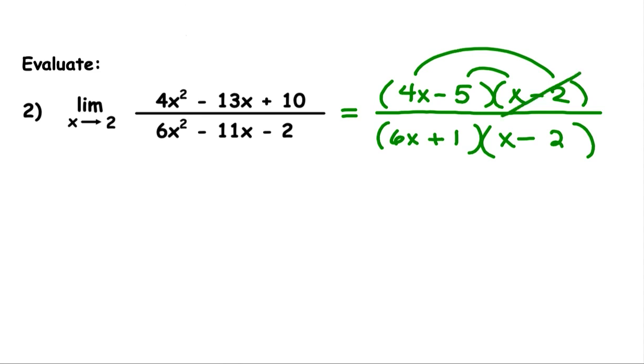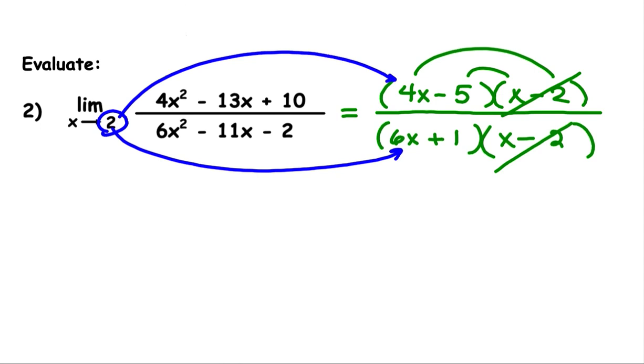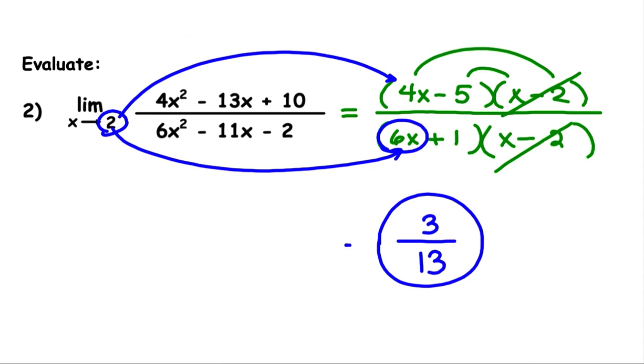The x minus 2's cancel. You plug the 2 in here and here. Let's see, 4 times 2, that's 8 minus 5, that's 3. 6 times 2, that's 12 plus 1. 3/13 is the answer from pre-calc. I know what happened. I got destroyed by you guys.